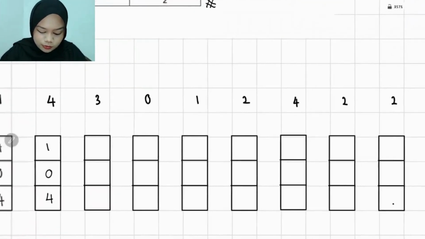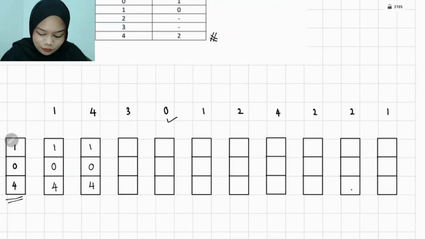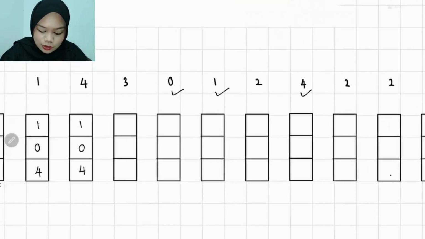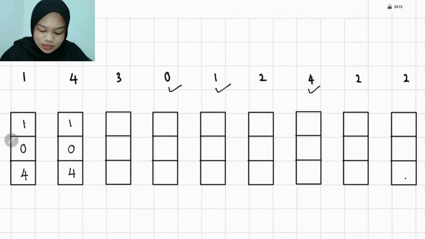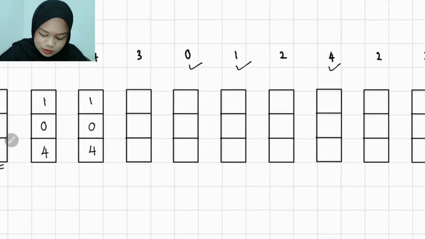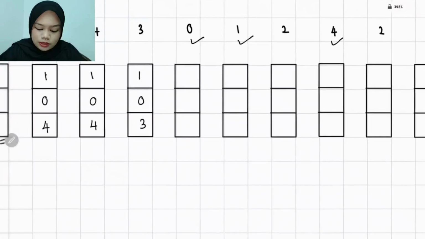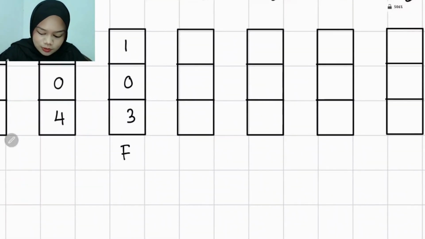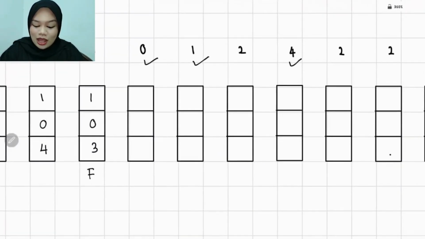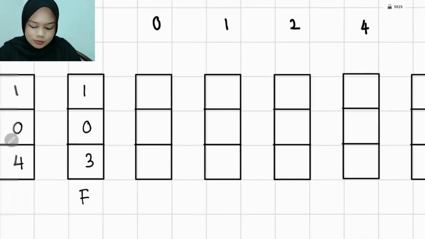For 104, we see 0 here, 1 here, and 4 is the farthest. So we will replace it with 4. So it will be 103. This will be a fault, because currently 3 is not in the frame.